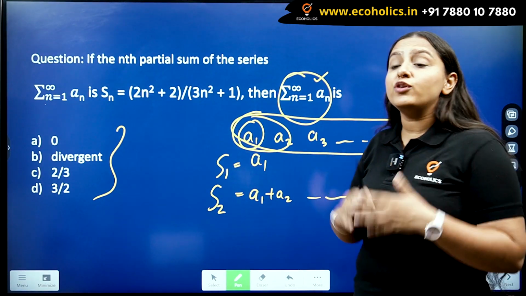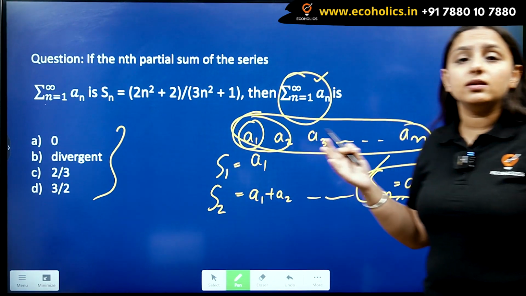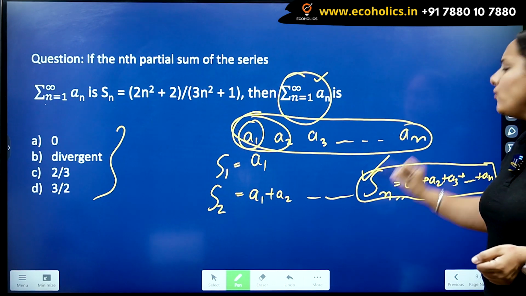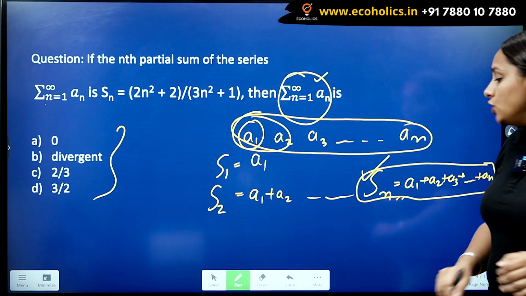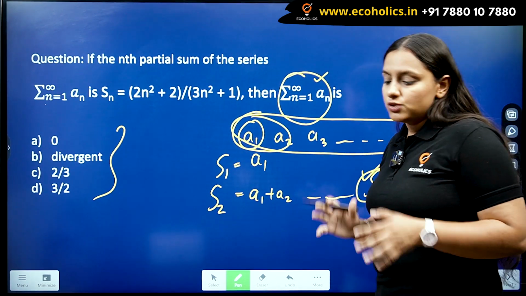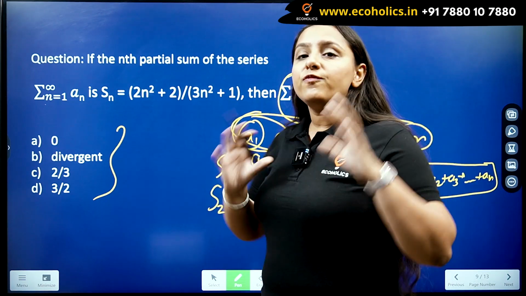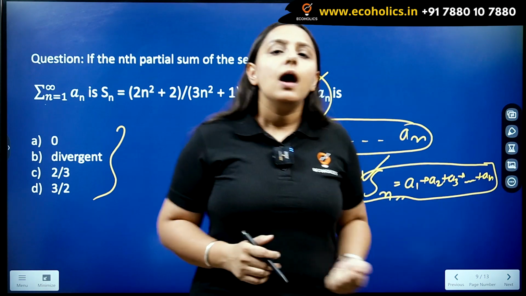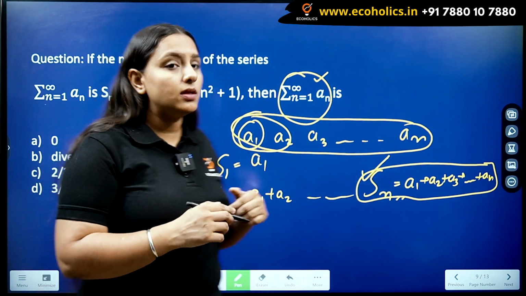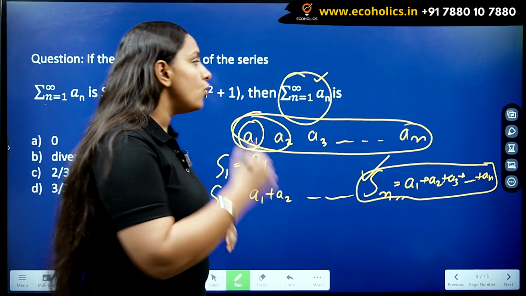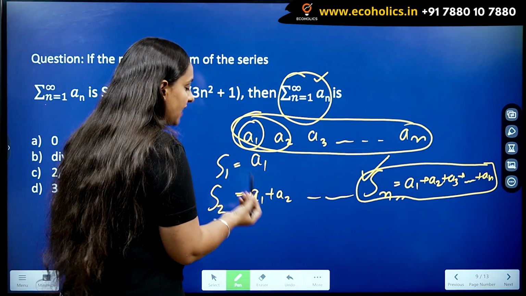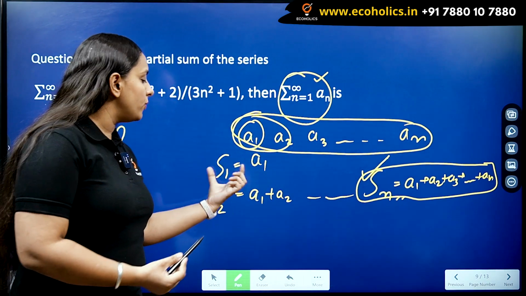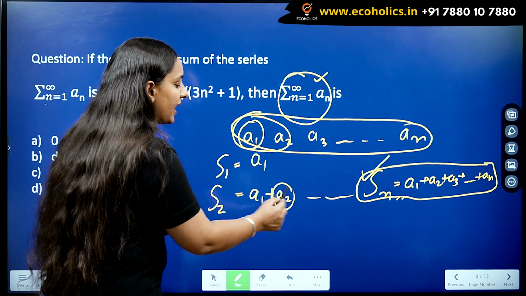Let's say I have an infinite sequence, I cannot find the last term of this sequence. How will I be finding the sum of this? So in the topic of sequences, what we actually do is we try to find the last term of the sequence by taking the concept of limits. So over here also, when I move from S1 to S2, one term gets added.